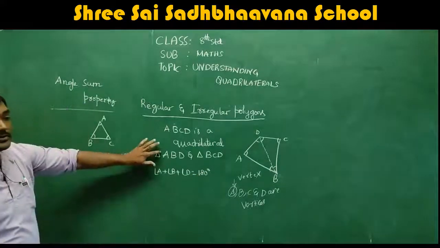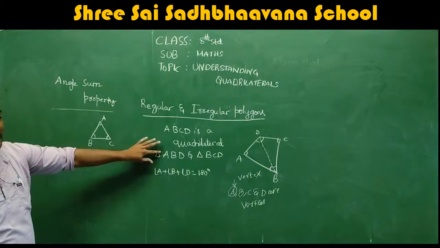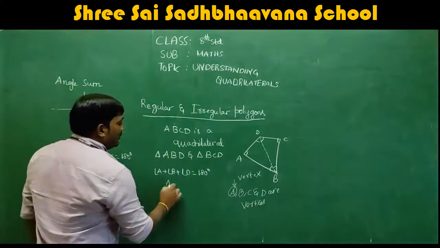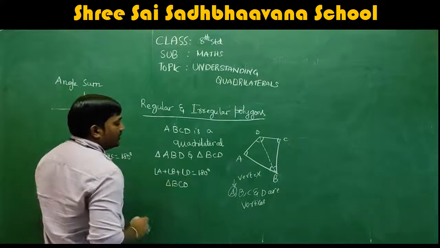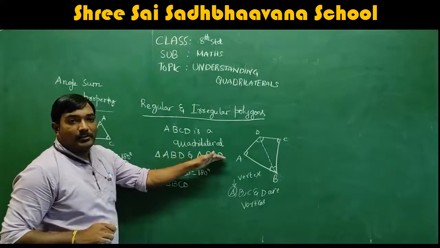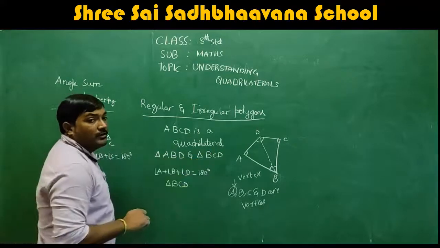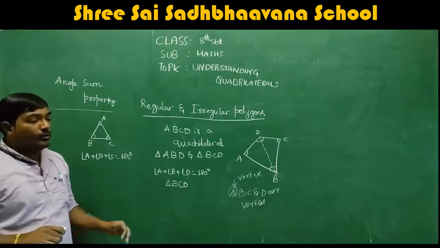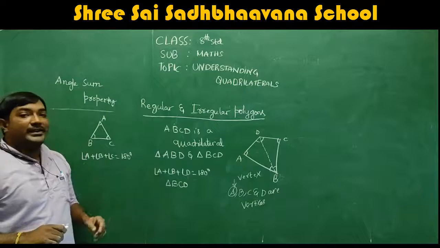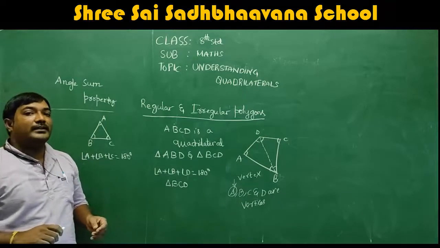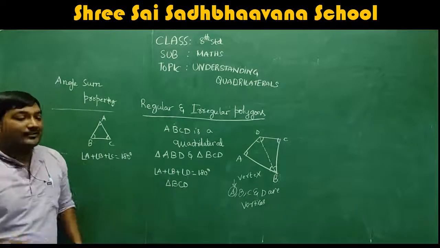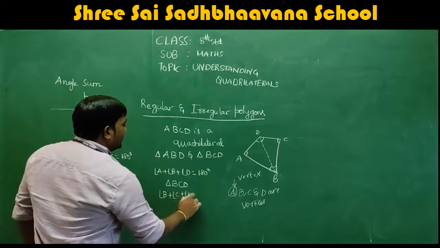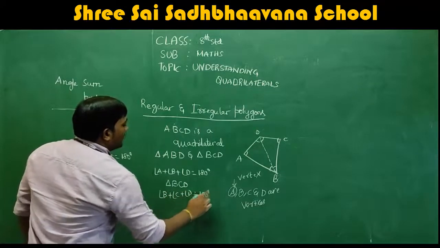Similarly, if you consider triangle BCD, the same angle sum property continues. Angle B plus angle C plus angle D is equal to 180 degrees.